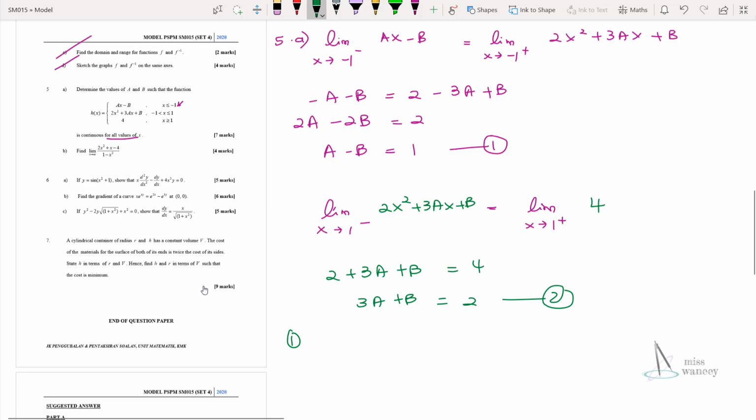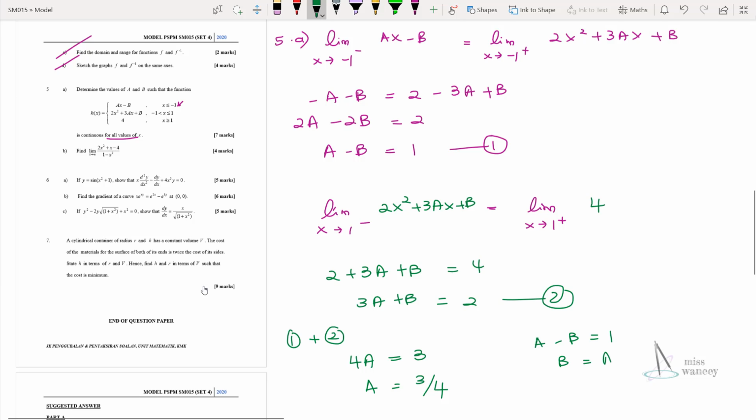So I'm going to do the elimination. So 1 plus the second equation. So a plus 3a is 4a. Negative b plus b, those 2 will cancel out. And then 1 plus 2, so this is equal to 3. a will be equal to 3 over 4. And then what we know is that a minus b is supposed to be equal to 1.